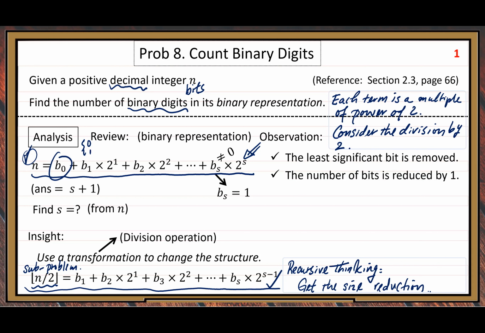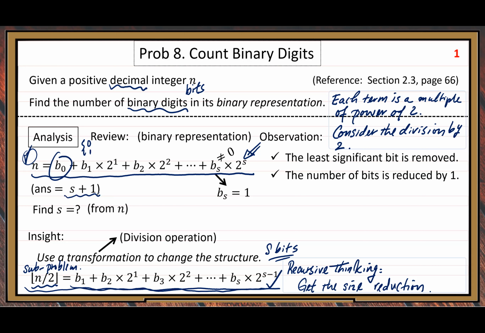Second, the number of bits is reduced by 1. You just count the number of bits here. You have little s bits, and for the original question, you have s plus 1 bits. The difference is 1.